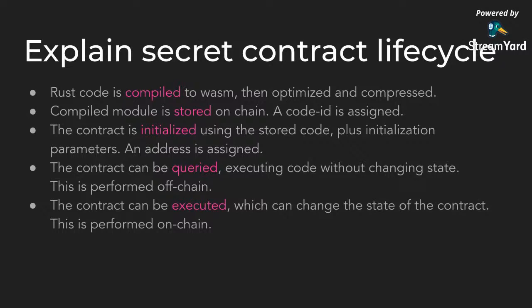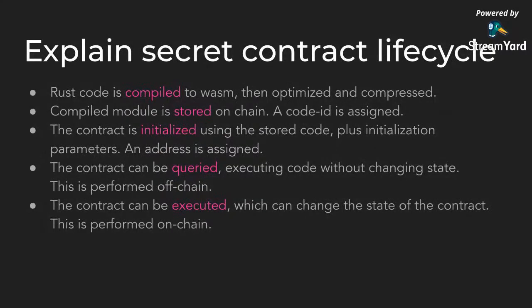We are though going to be compiling it to a WASM blob. For people that don't know, WASM is a simple runtime that was initially a web thing, and now it's used all over the place. So we compile it to WASM, we optimize the binary and compress it, and then we have to store it on the network.